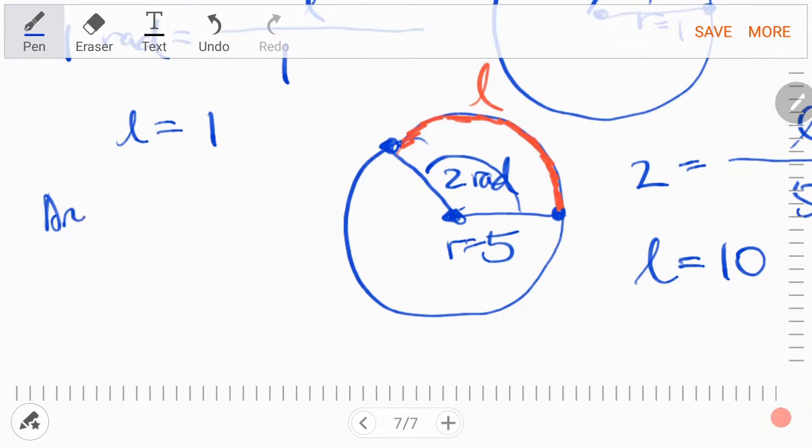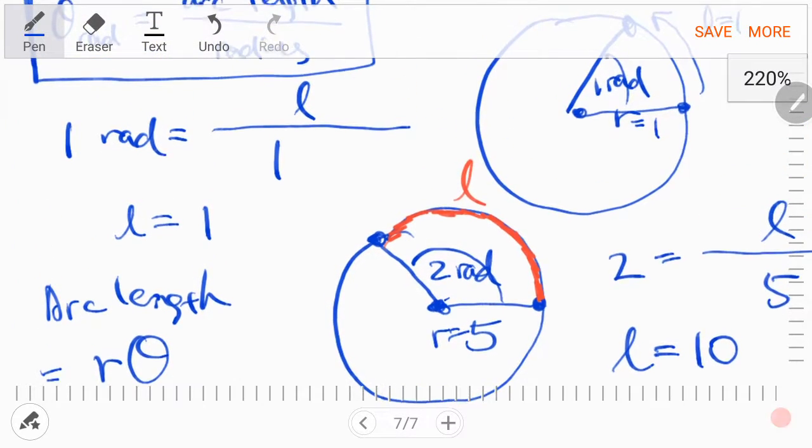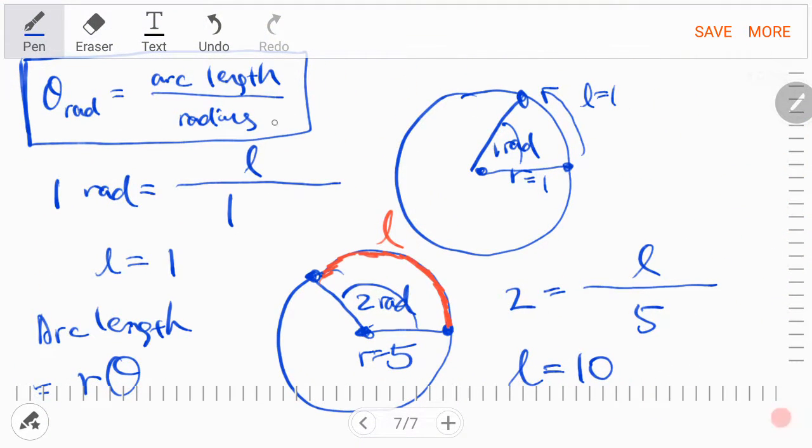Arc length is equal to r times theta. If I multiply r here, if I multiply r there, I'll get arc length.